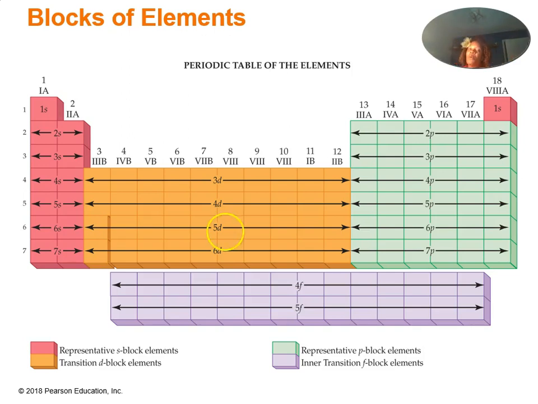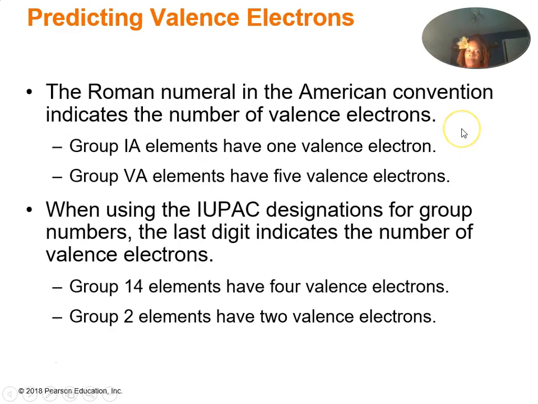But when you get to groups 13 through 18, you drop the 1 off, and the number that you see left over tells you the number of valence electrons within that particular group of elements. So I know that in group 13, those elements have 3 valence electrons. Group 14 has 4 valence electrons, 15 has 5, 16 has 6, 17 has 7, and group 18 has 8.